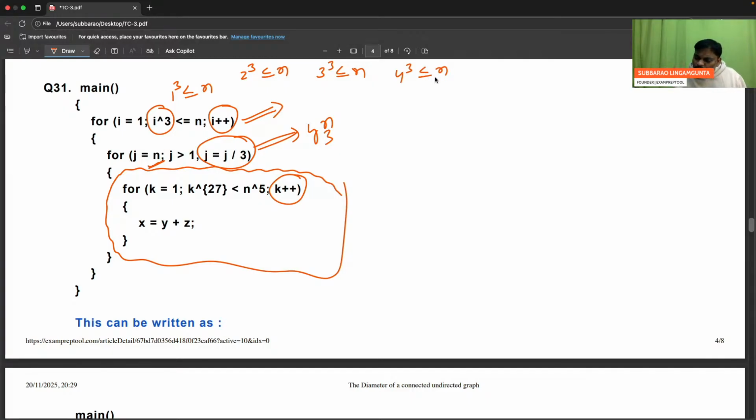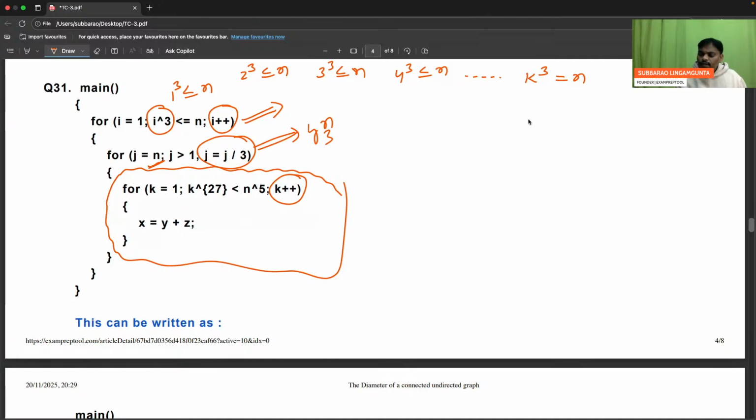If you continue k times, then k power 3 becomes equal to n. Lastly, after repeating k times, let us assume k cube is equal to n. What is the k value?